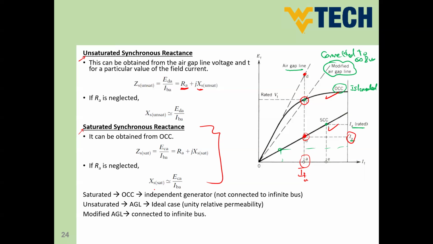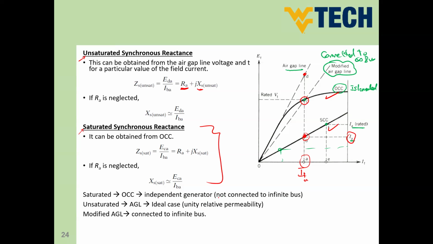Don't forget that saturation or saturated impedance can be calculated from open circuit characteristic. And open circuit characteristic can be used in case of independent generator, which is not connected to infinite bus. I mean, can be used even during the calculations, not only during the parameters identification.